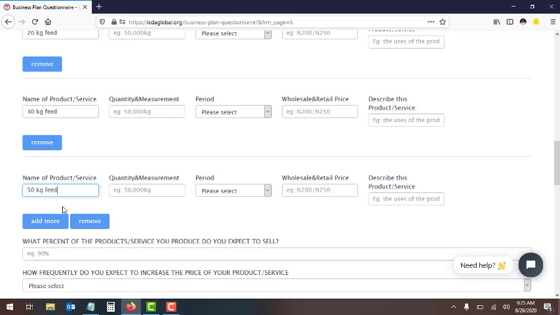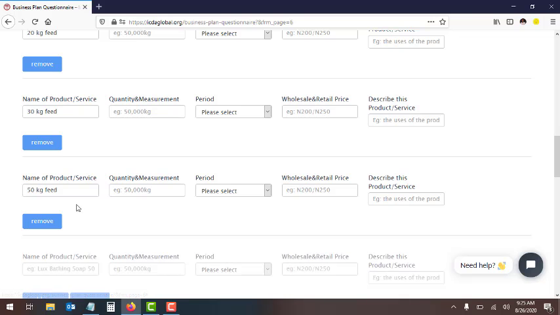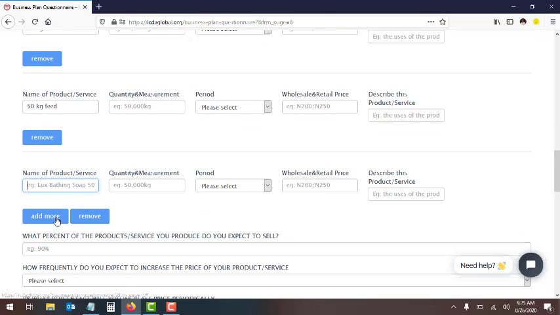Or maybe you have different types of feed, where it's not just about the weight but also about the type, maybe finisher or other ones. Specify them, that's the important thing. Click on add more and specify everything you are doing.